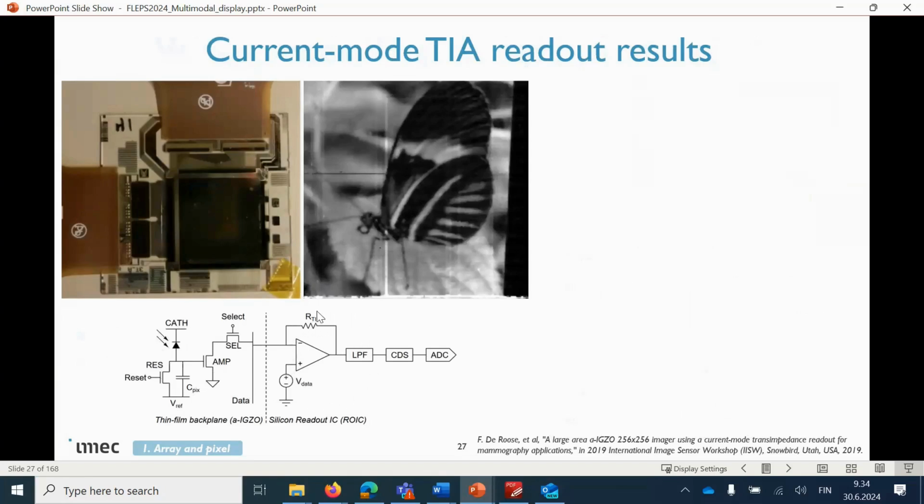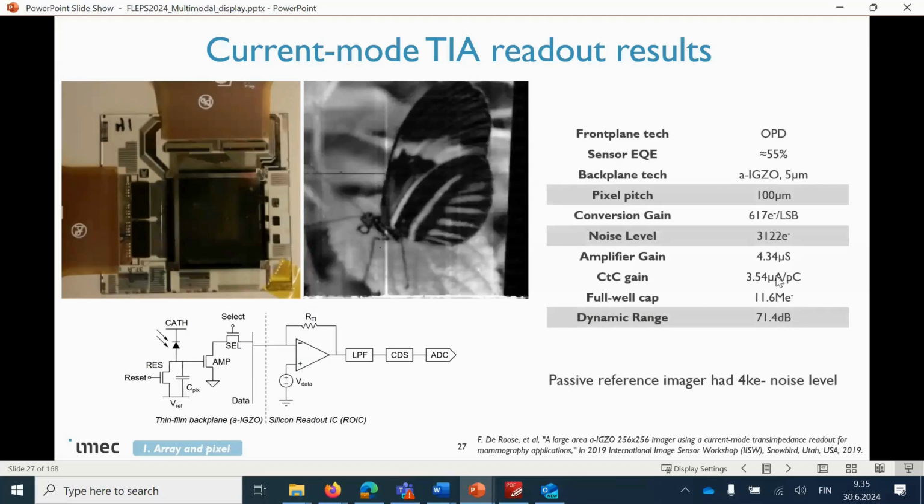We used a different way to read out the charges, and this is because of the capacitances. When you go larger on pixels, you can simplify the readout. As I said before, you can make a cheaper readout using just the TIA and the resistor. And on the top, you see photos of this and a photo taken by this imager.